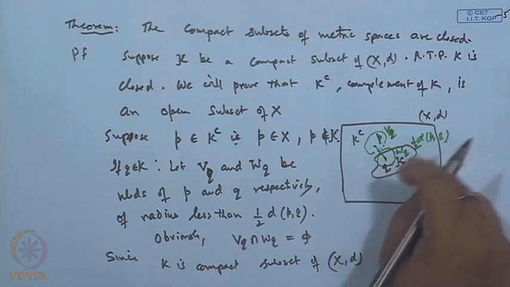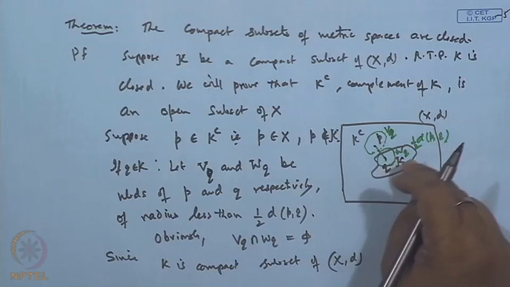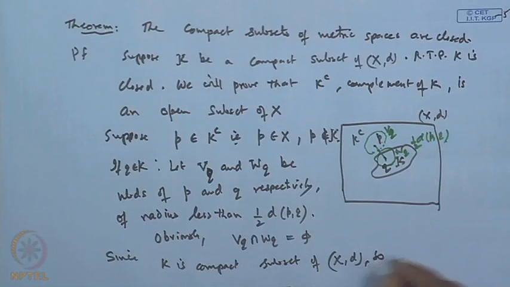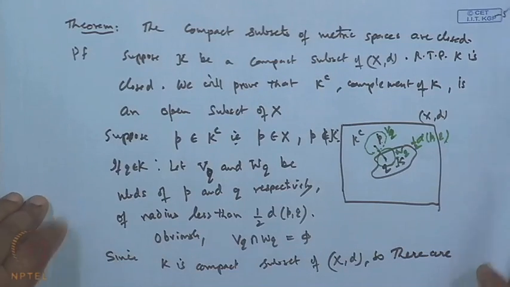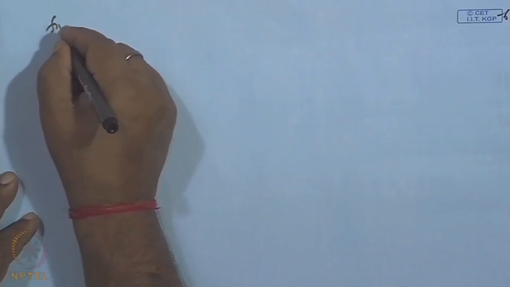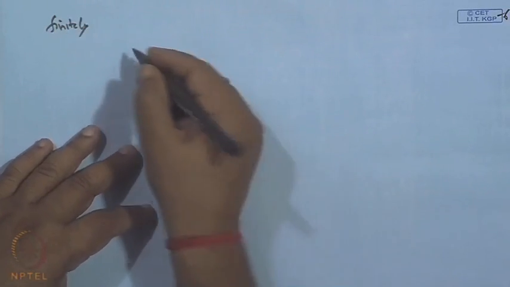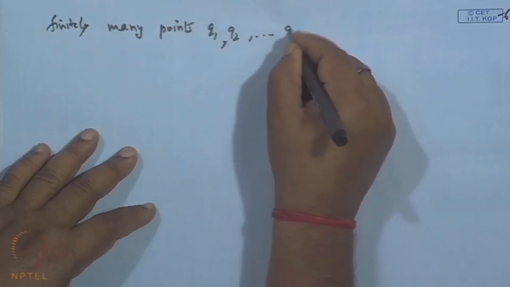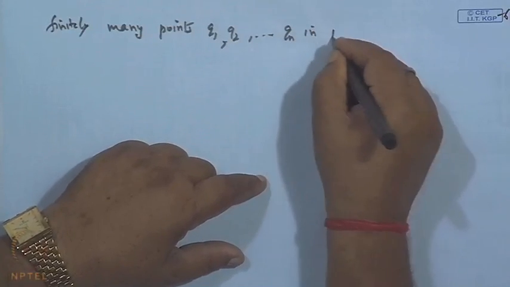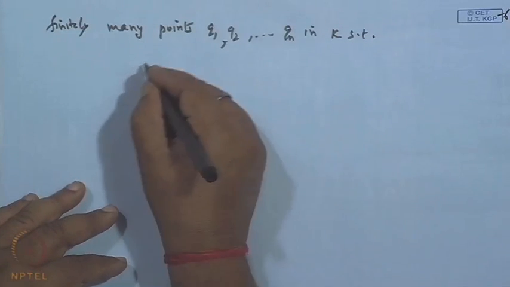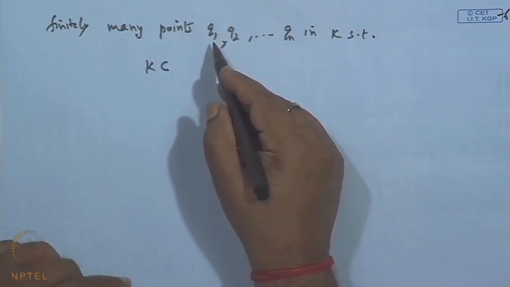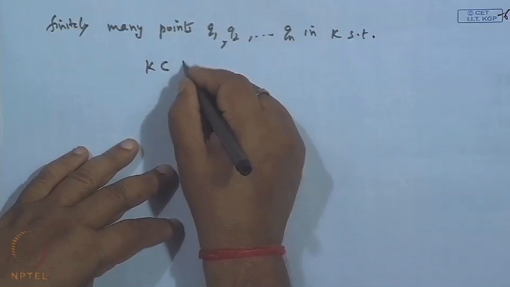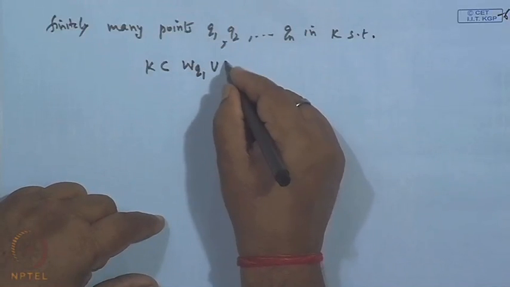So, there are points q 1, q 2, up to q n such that finitely many open balls will be sufficient to cover K. So, there are finitely many points, say q 1, q 2, up to q n in K, such that the neighborhoods drawn at these points with a radius less than half of the distance to P cover K.